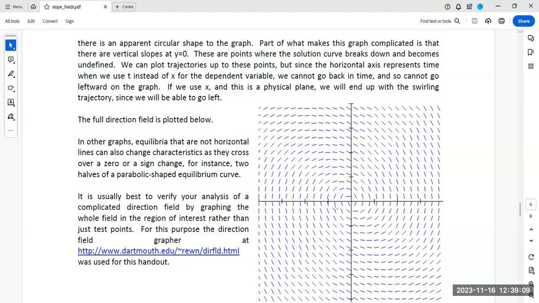A lot of them will also plot trajectories for you. So if you put a point on the graph, it will show you where that plot would go forward in time, or also in many cases where it would go if it was just a curve passing through that point, so where it would go backwards in time.